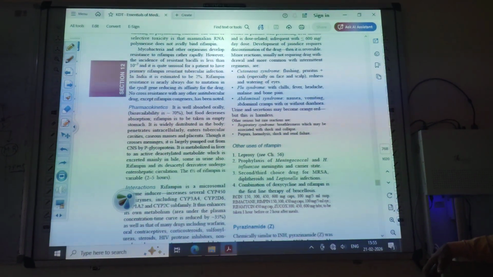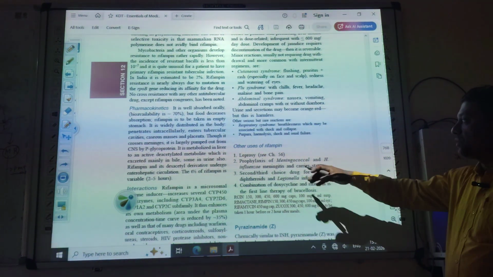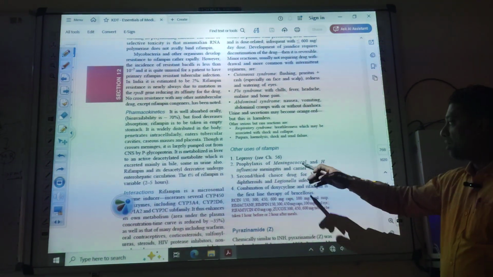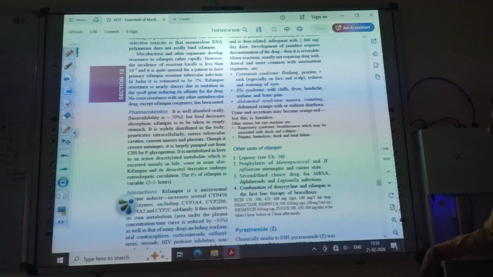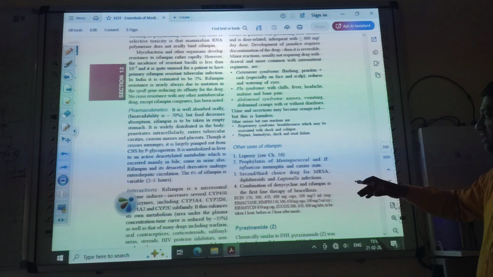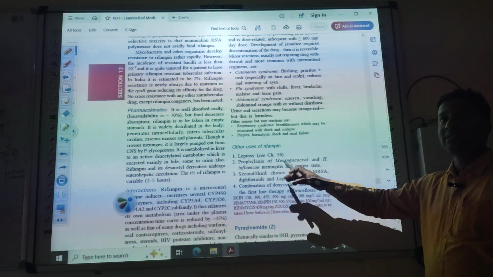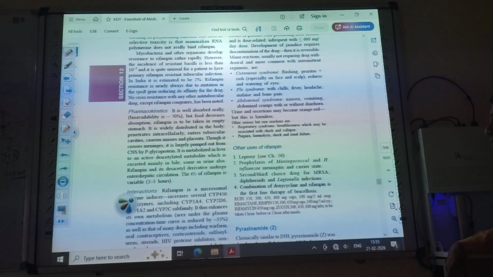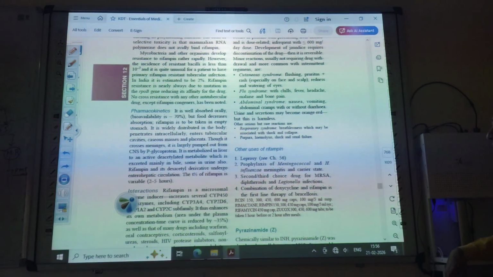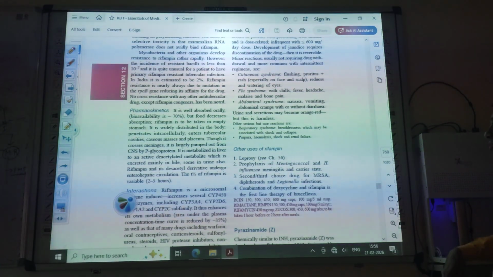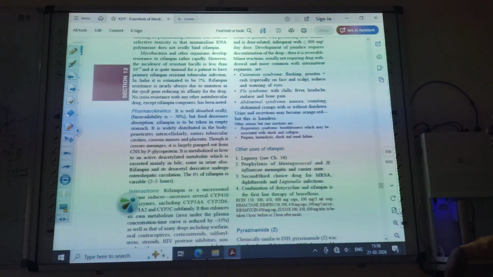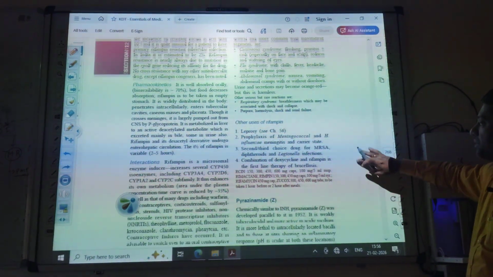Along with that, it is used for the treatment of leprosy, prophylaxis of meningococcal and H. influenzae meningitis, and as a second or third line drug for MRSA and Legionella infections. The combination of doxycycline and rifampin is also first line therapy for brucellosis. These are the other uses of rifampicin.